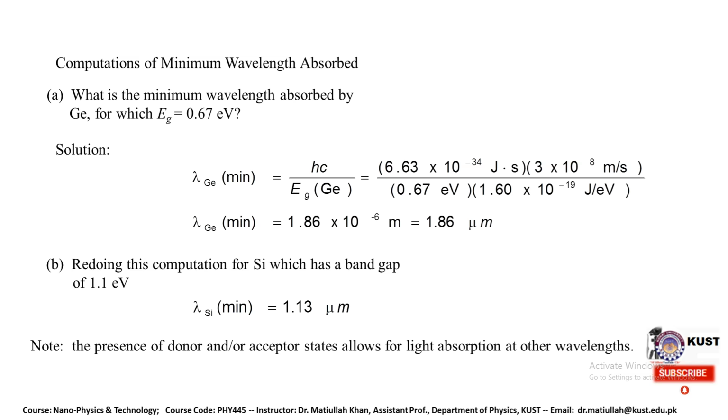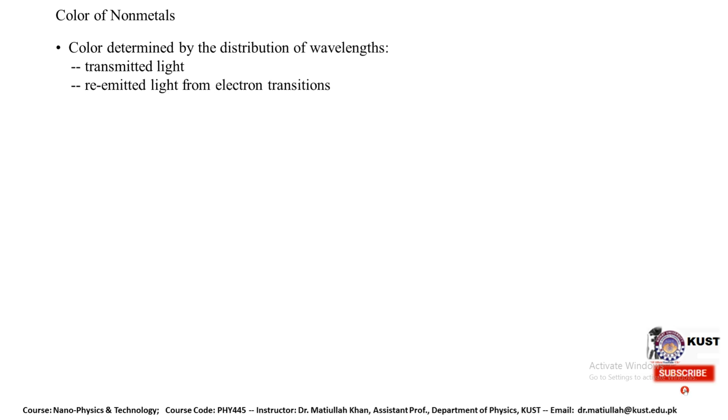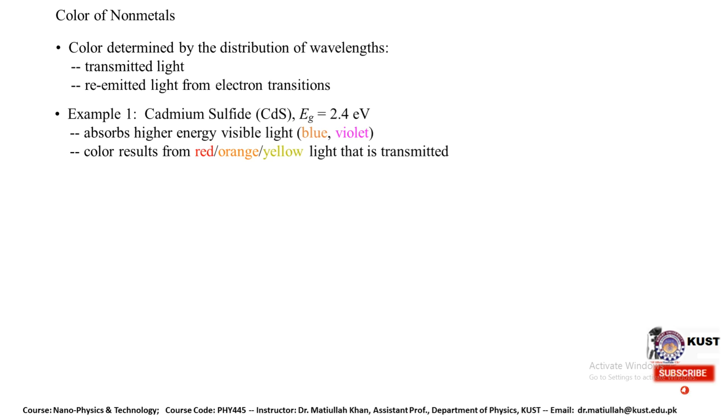There is also the presence of donor or acceptor level states for light absorption at other wavelengths. If we add a donor or acceptor level in a semiconductor material, definitely the optical or absorption property will be changed. The color of non-metals is determined by the distribution of wavelengths, which might be transmitted light or re-emitted light from the electron transition.